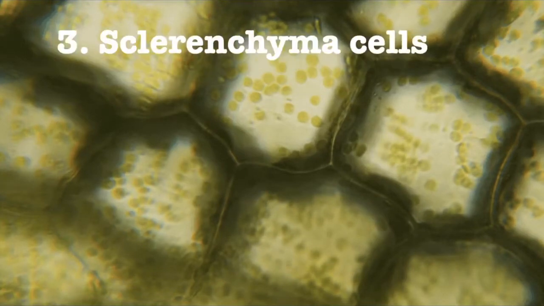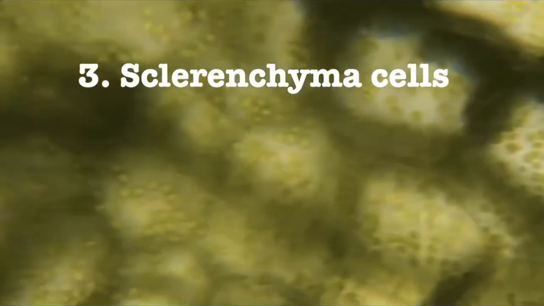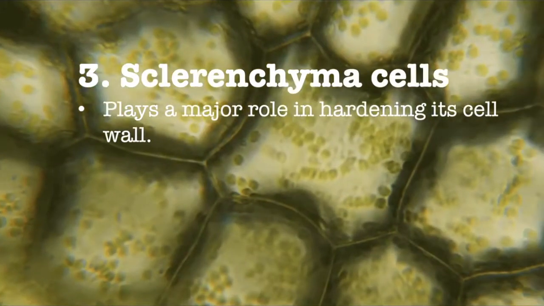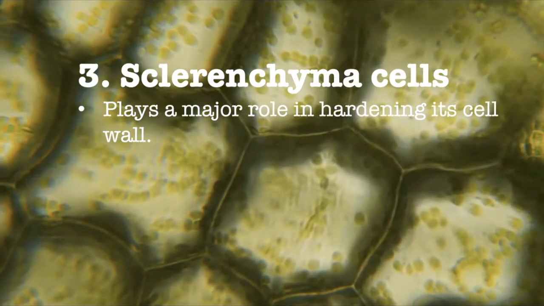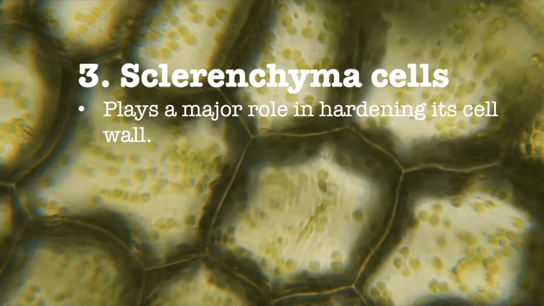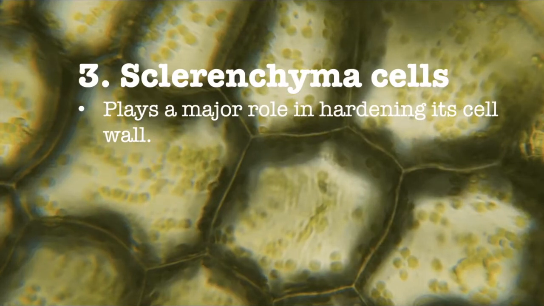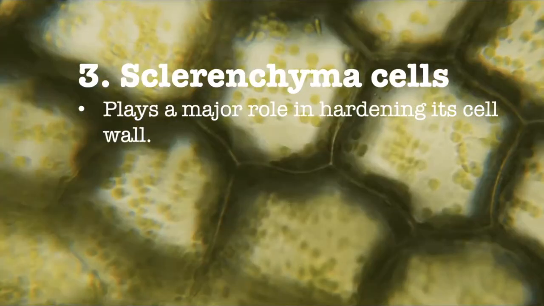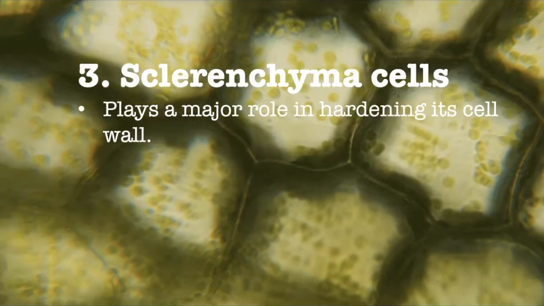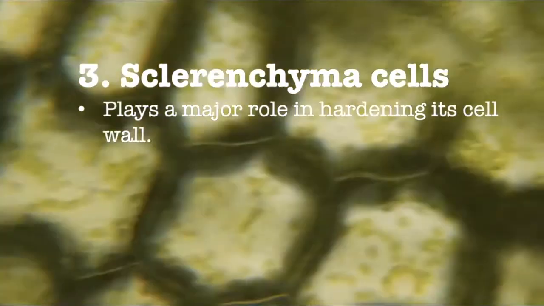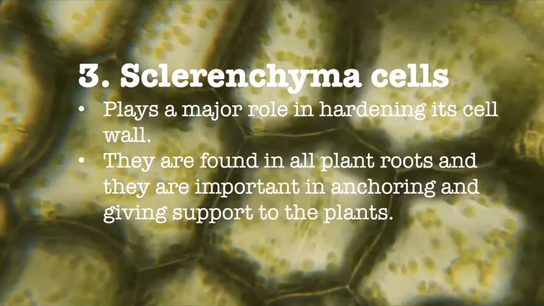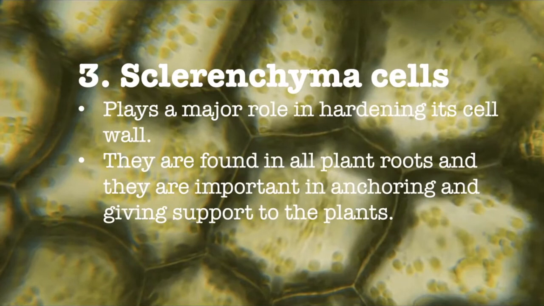The third type of plant cell is sclerenchyma. These are parenchyma cells that have an agent in the cell wall that plays a major role in hardening the cell wall.